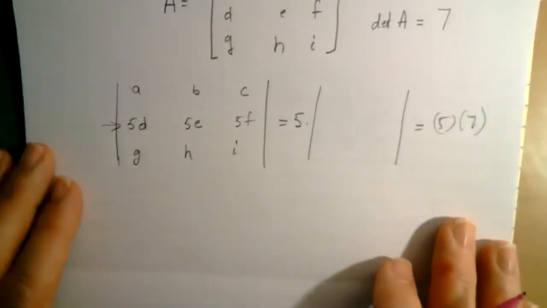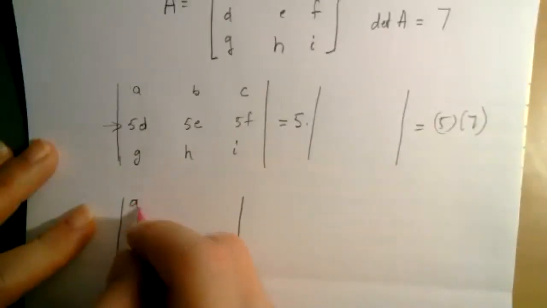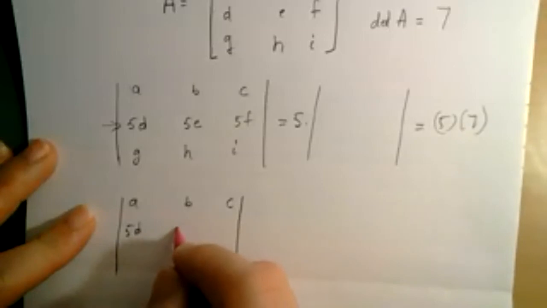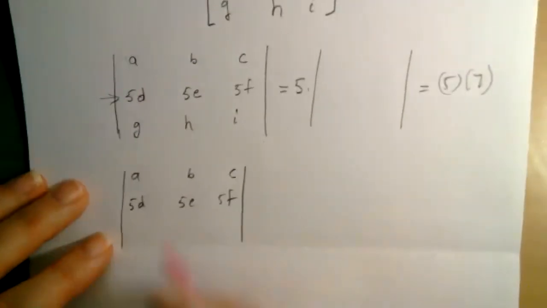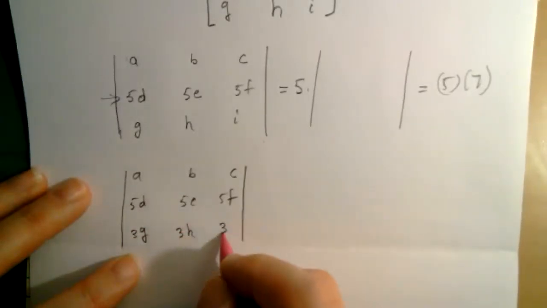All right? Okay. Suppose I do the following. A, B, C, and so on. What do you think the determinant of this new matrix will be? Would it be 105?